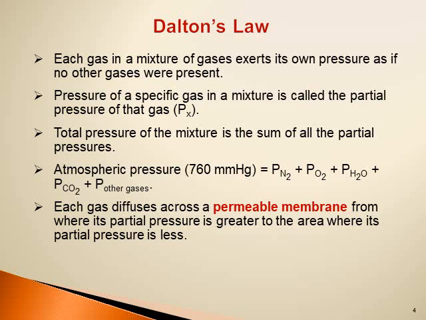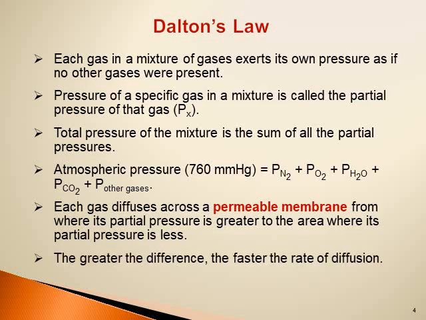So if we have a membrane separating two gases, the gas molecules from the area of high pressure will diffuse across the membrane to the area of low pressure, provided that this membrane is permeable to this gas. The greater the partial pressure gradient, or the greater the difference, the faster the rate of diffusion.